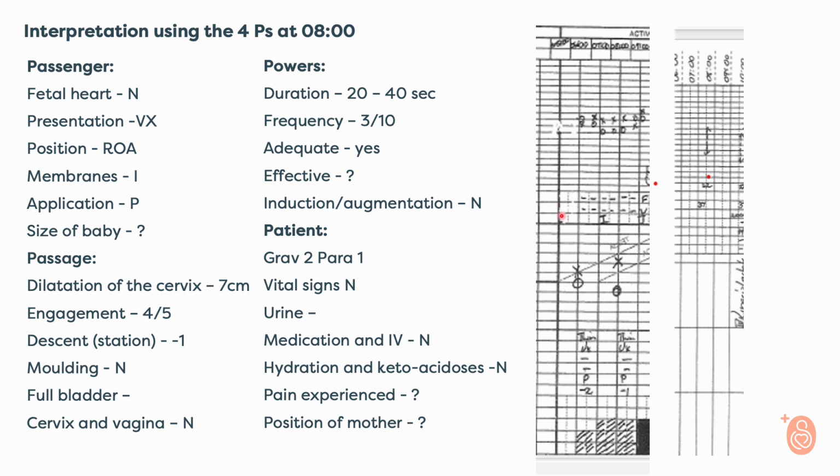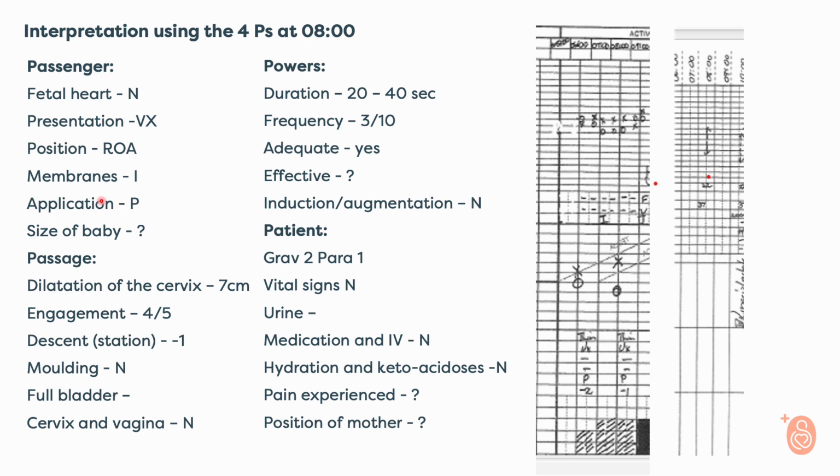They haven't done that. The variability and the decelerations are still not recorded. So this is something that we need to check up. But it looks as if the fetal heart is still normal. Nothing else has really changed here on the passenger side. The presentation is still vertex. It's still a ROA. The membranes are still intact.